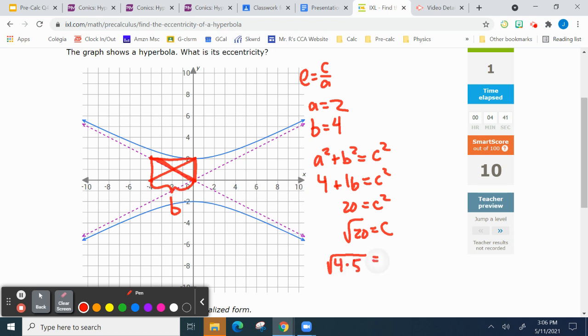So root 4 times root 5 equals C, which is 2 root 5. So now our C is 2 root 5. We already found our A was 2. Those cancel out, so our e is just going to equal root 5.